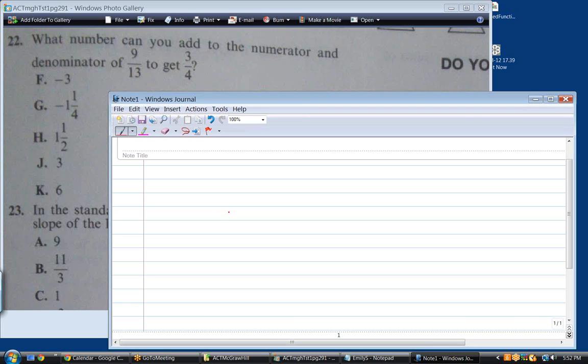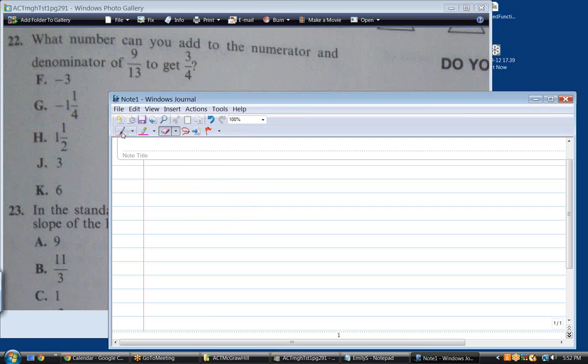No, it cannot, because 13 minus 3 only equals 10. Well, that could be correct, but 9 minus 3, so if -3 were the answer, I would have to subtract 3 from top and bottom. And that is 6/10, which is not 3/4.